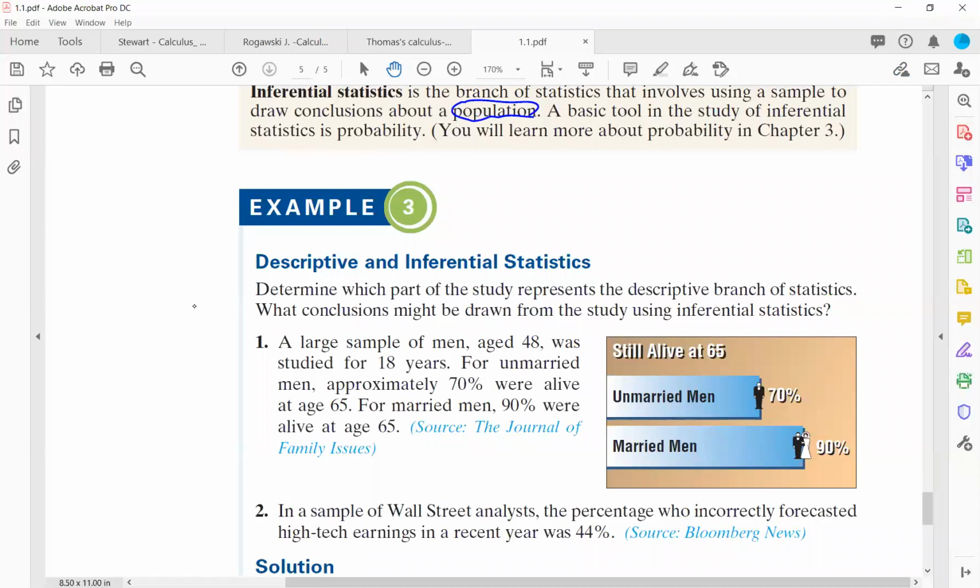For married men, 90% were alive at age 65. So you have some information, you gather that information, and you draw some conclusions. 2 says, in a sample of Wall Street analysts, the percentage who incorrectly forecasted high-tech earnings in a recent year was 44%. Please pause the video, think about the solution, then we go over them together.